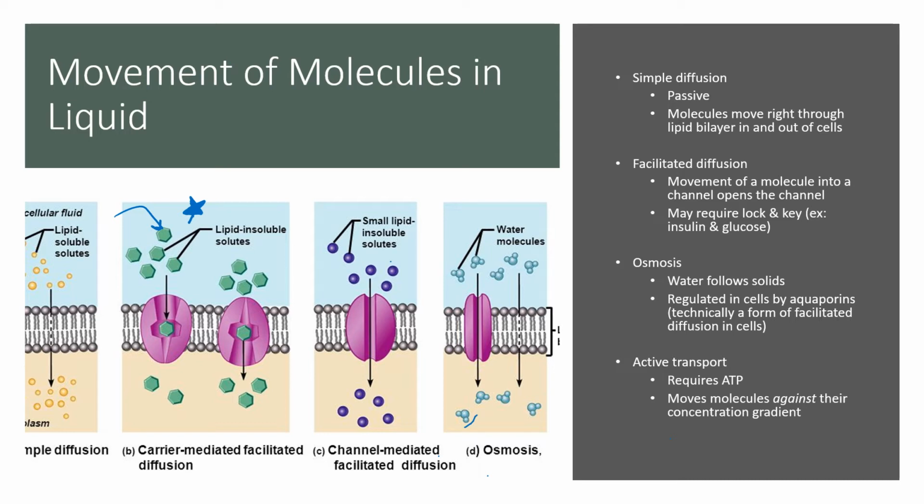What'll happen is insulin will bind to the glucose. Insulin can fit in the channel, and since it can fit in the channel, it can bring itself into the cell as well as the glucose. That's how the glucose will get into your cell. And then the insulin can get back out, no sweat.